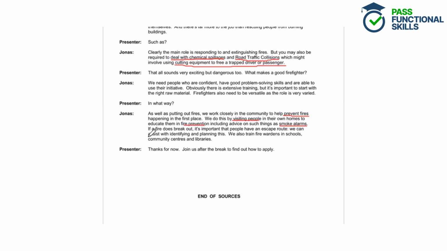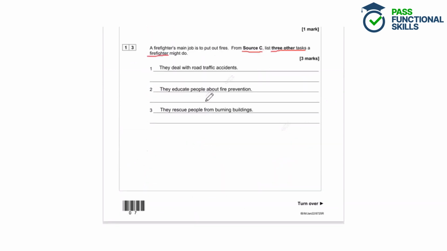And they also assist with identifying and planning escape routes. Finally, they train fire wardens in schools, community centres and libraries. So there's lots of different options that you could put down for this question. This student has said that they deal with road traffic accidents, which is correct as we've seen from the source, educate people about fire prevention and rescue people from burning buildings. So these are all correct answers and this student would get 3 marks.